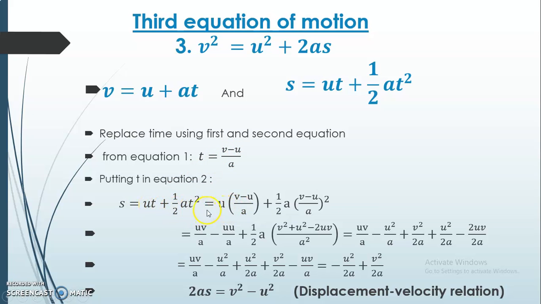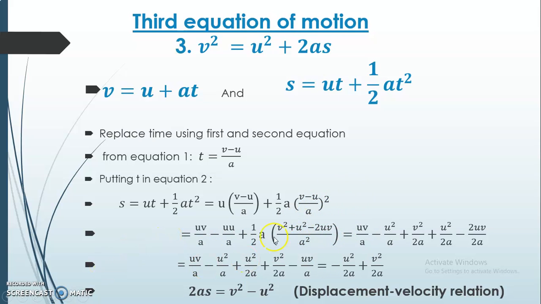So this becomes u multiplied by this bracket v minus u upon a plus half a and then t again. So we have to keep this in the place of t. So this becomes v minus u upon a raised to the power whole square. Okay. Now you know that for v minus u whole square, you can apply an identity of polynomials, that is v square plus u square minus 2uv, that is a square plus b square minus 2ab.